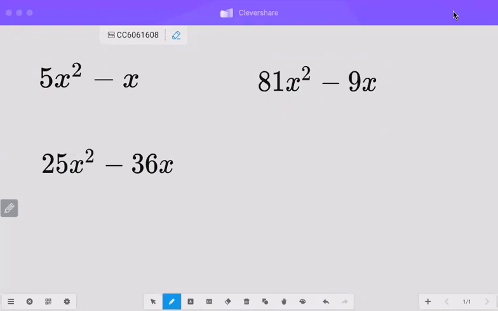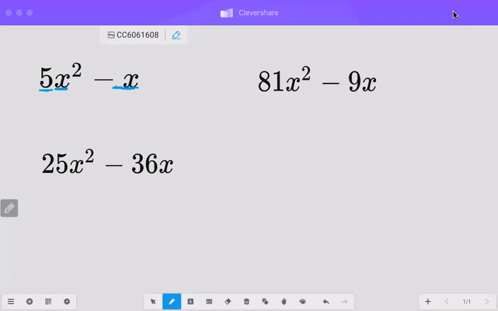Now, first, you want to look at your numbers for your coefficients. So right here, we've got a 5. And over here, we would have a 1, okay? We do not have a number that we can factor out of these two terms, which is totally fine. For this one, our greatest common factor is going to be the x, because both of these terms have an x with them.